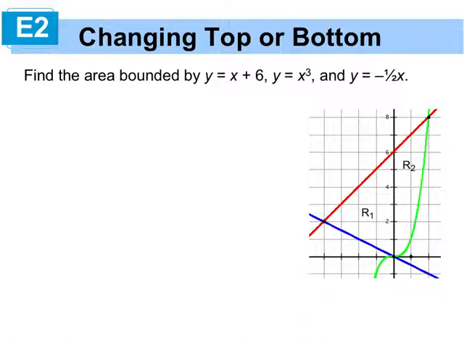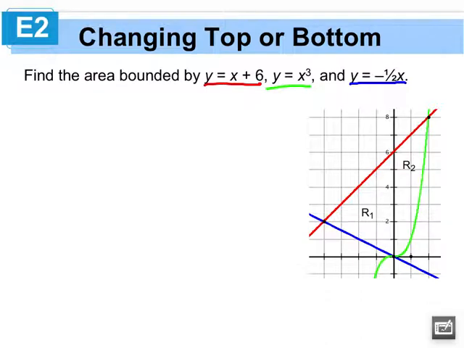Yeah, find out where the blue line, which is this guy, and the red line intersect, and then we got the green one there too. So set x plus 6 equal to -1/2 x and solve, and you will get -4, 2. Same is true over here. If I want to know where that point of intersection is, I would set the green equal to the red and solve. You'll get 2, 8.